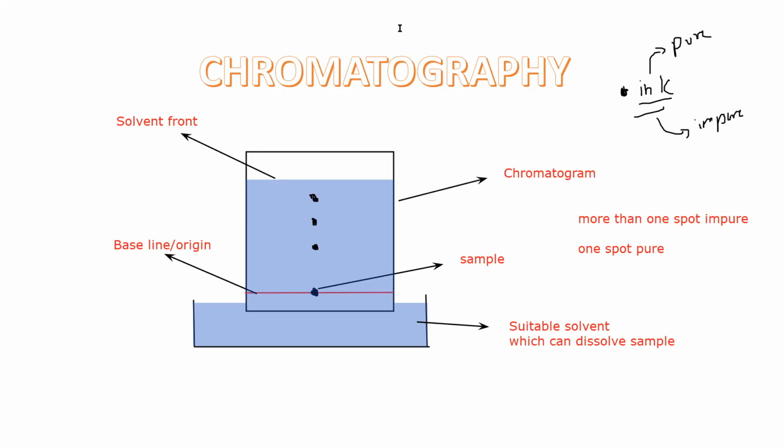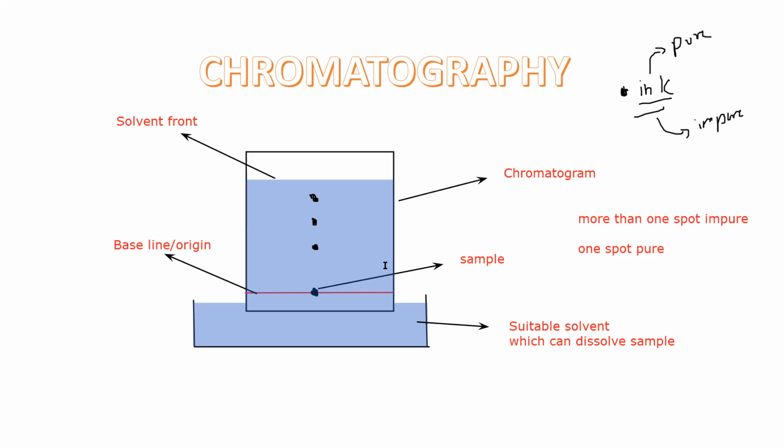So this is how a chromatography technique works. We take a chromatogram, we draw a line with pencil, the origin, then we place a sample, and we place the chromatogram inside a suitable solvent. When the solvent rises on the chromatogram, it will take the sample. If we see only one spot, it means the substance is pure.